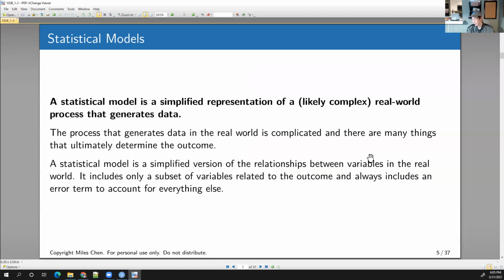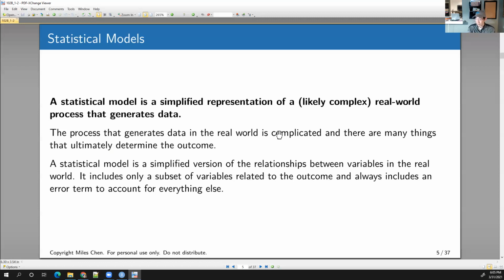And so, this is basically what I'm trying to say here, is that the process that generates data in the real world is complicated. There are tons of little things that ultimately determine the outcome. And when we talk about a statistical model, this is just going to be a simplified representation of that, okay? We're just going to look at the relationships between variables that exist, and we're only going to look at a subset of variables that are related to the outcome.